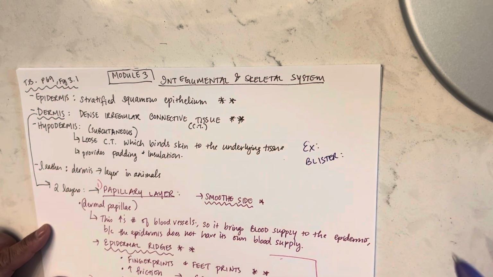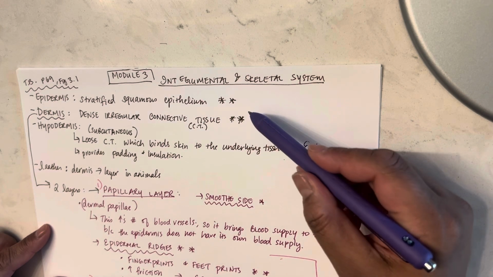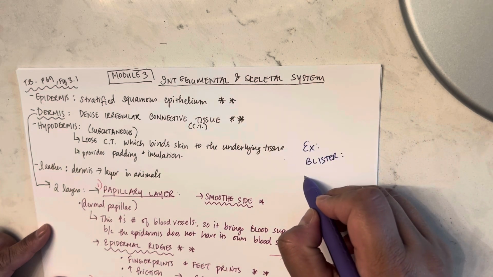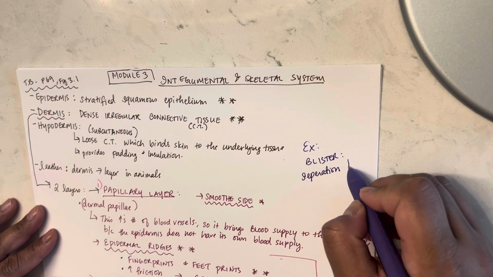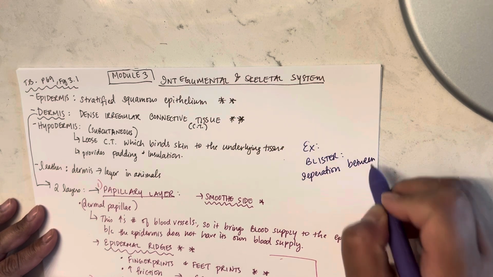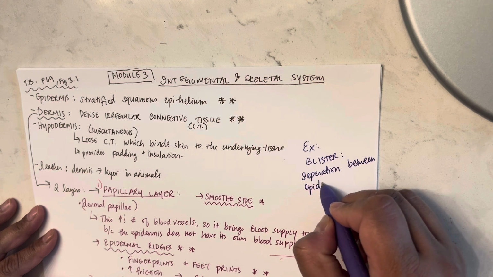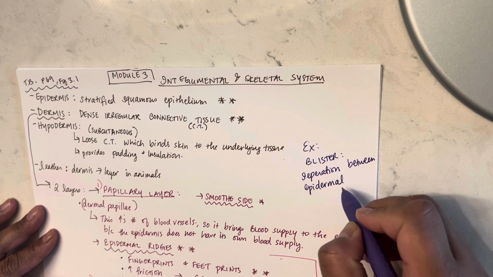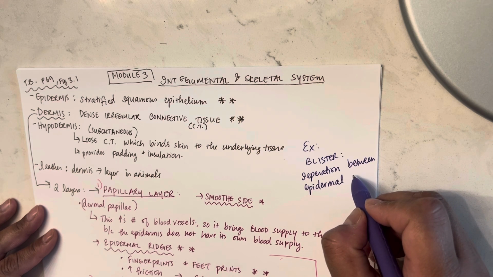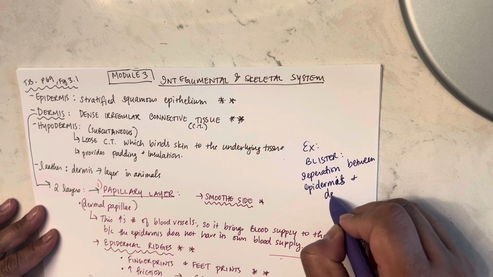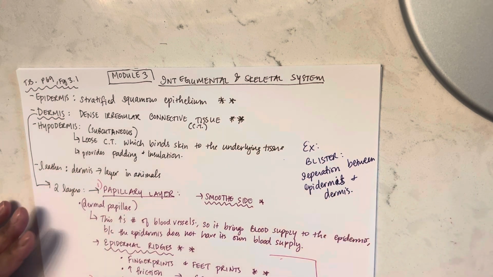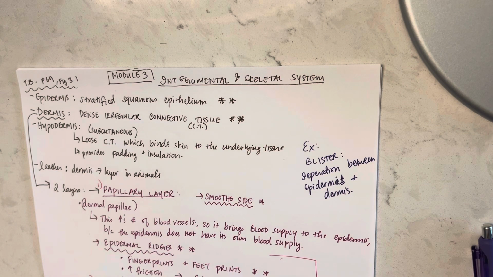Now, this is the separation between the epidermal layer and the dermal layer. That's what a blister is and where you see it. I'll put epidermis and dermis, okay? Okay, the remaining of this lecture will be in the next video.